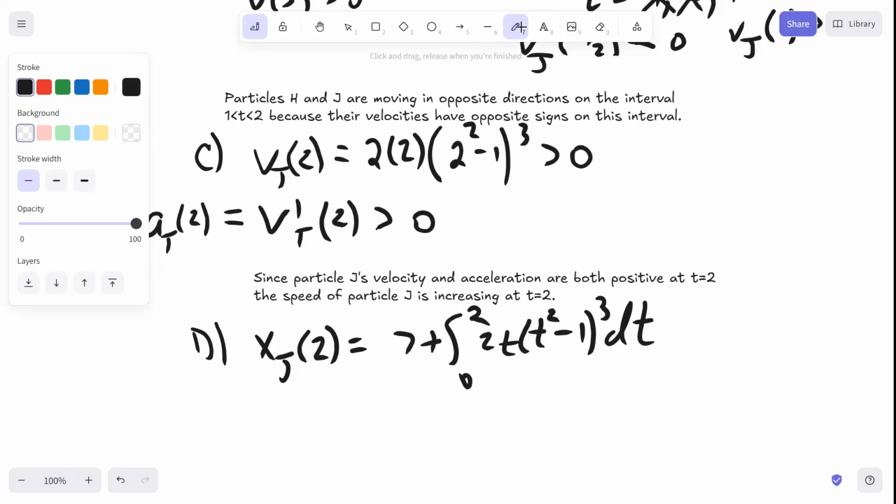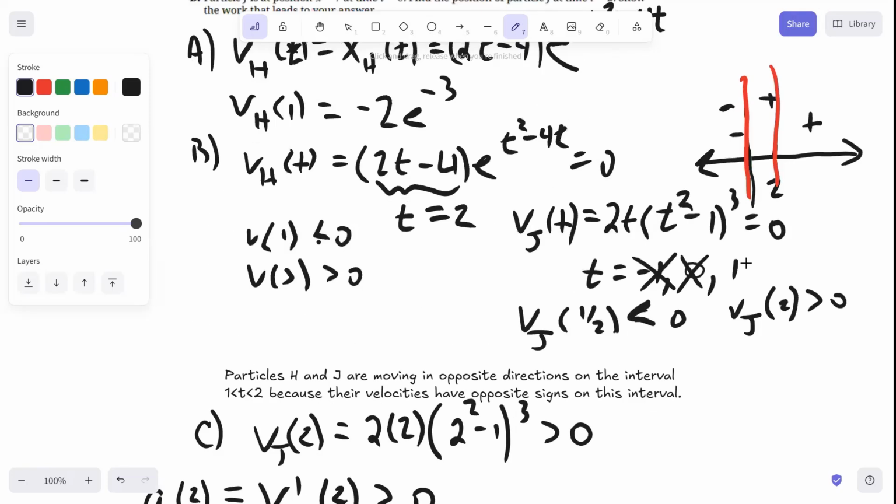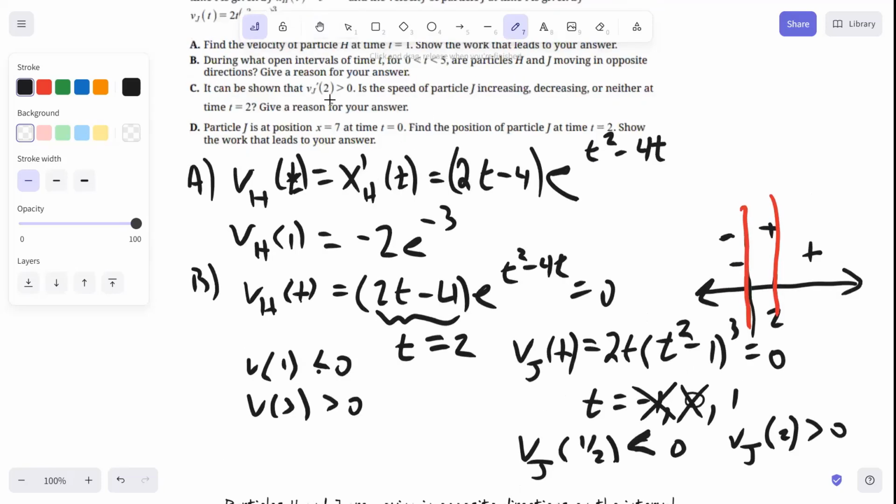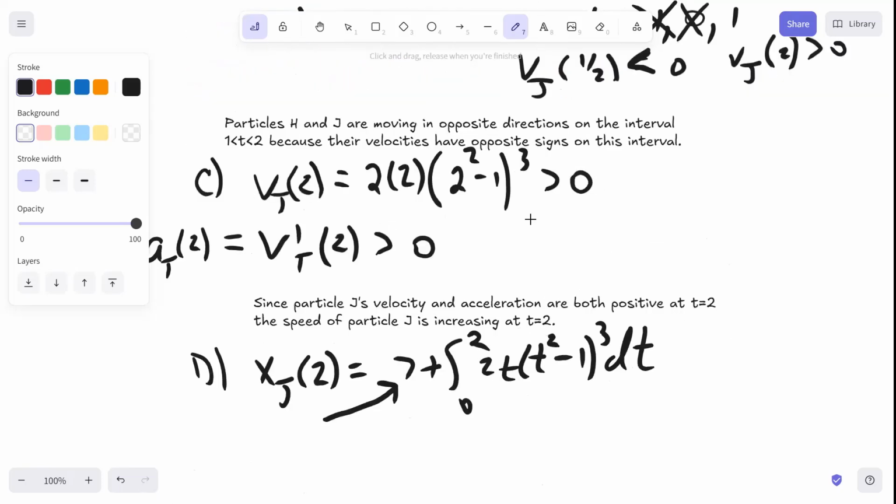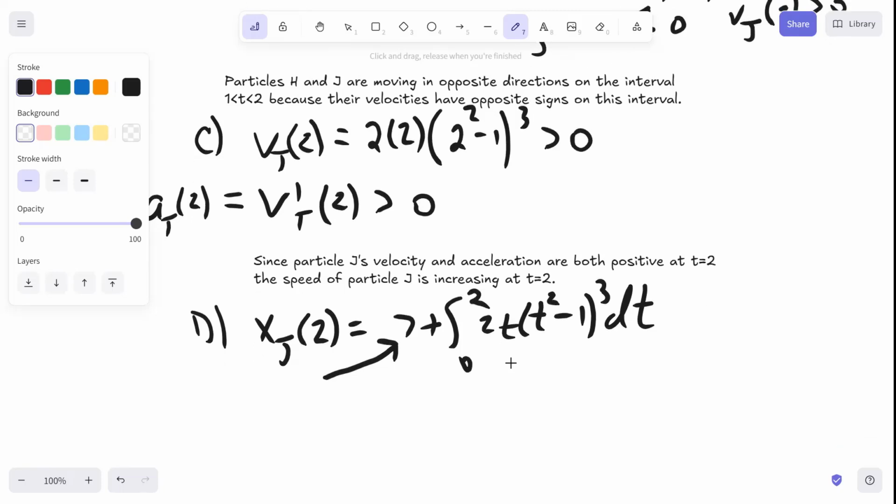So we know the initial position is 7. That's given in the information right here. And we want to know what the position is at 2. So we take the initial position plus the change in position. So we would have to anti-differentiate this.